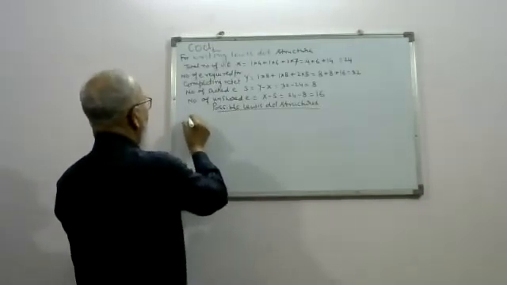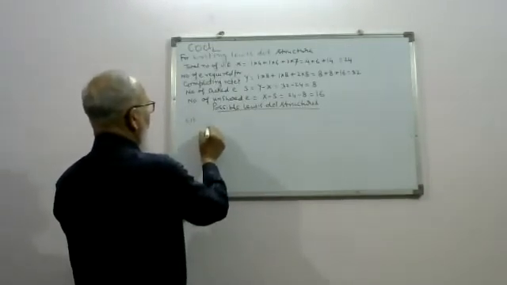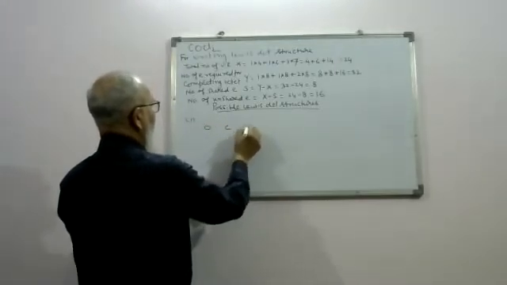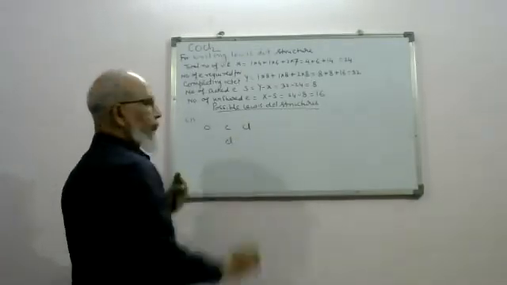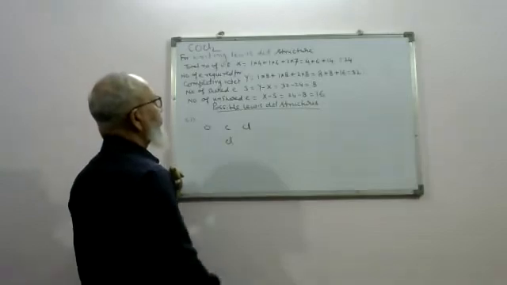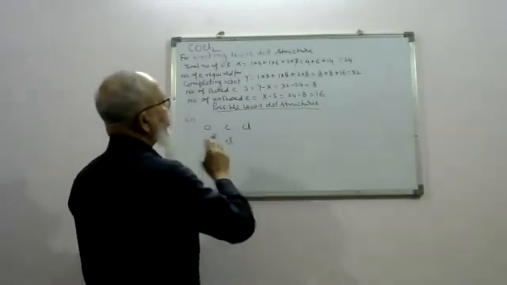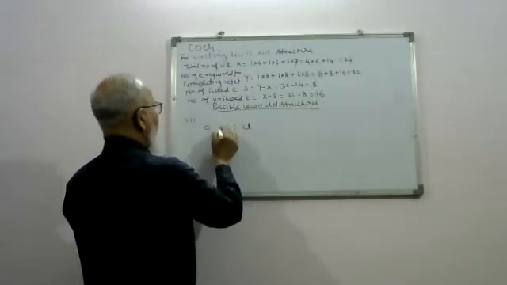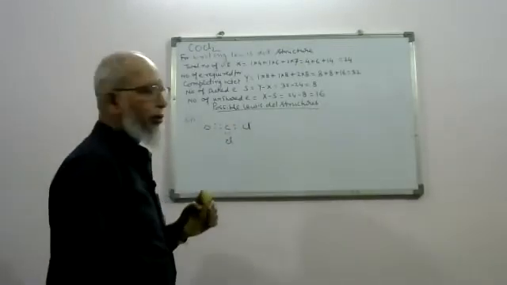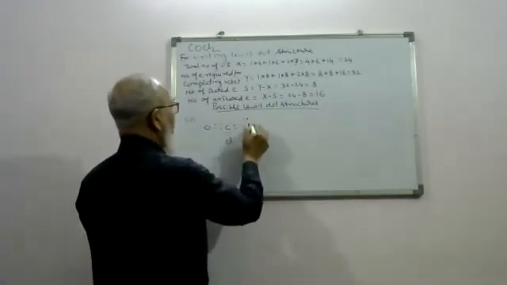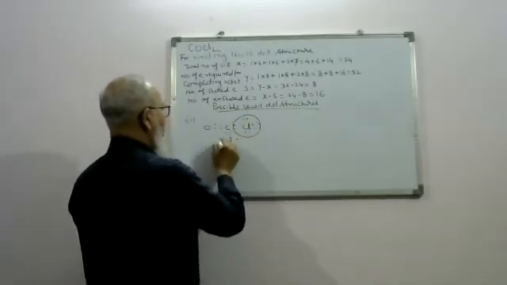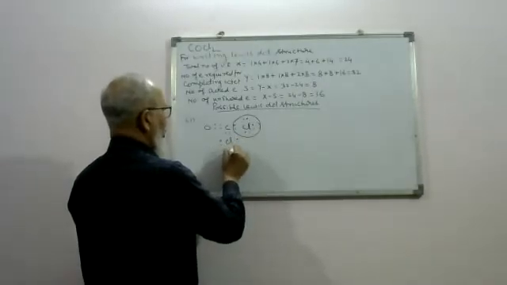First, suppose O, C, Cl, Cl. Number of shared electrons are how much? 2, 4, 6, 8. The remaining electrons here: 6, 8, 2, 4, 6. This is equal to 8.